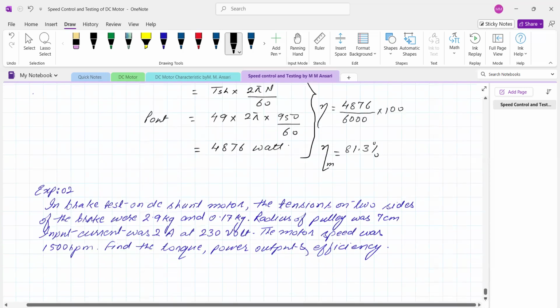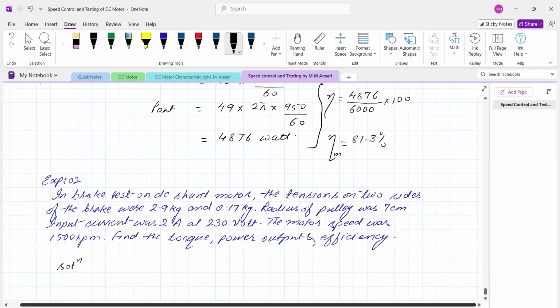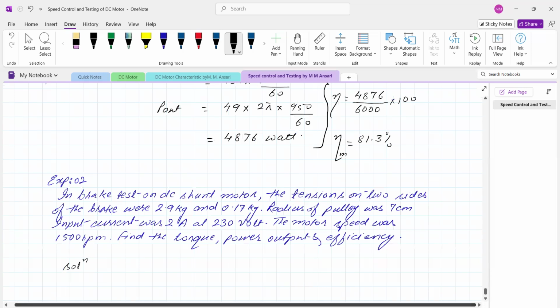Now the second one. In brake test on the DC shunt motor, the tensions on the two sides of the brake were 2.9 and 0.17 kg. So here S1 is equal to 2.9 kg, S2 is equal to 0.17 kg.